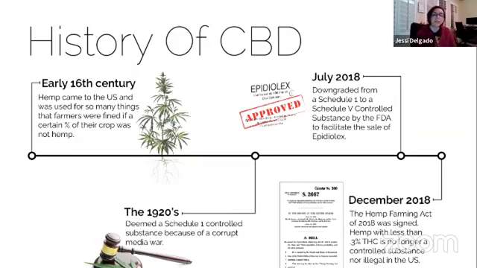Finally, in December of 2018, CBD went from a Schedule 5 controlled substance to an unscheduled substance due to the Hemp Farming Act of 2018, which removed hemp, defined as cannabis with less than 0.3% THC, as a controlled substance. This means that federal law made CBD legal in all 50 states.